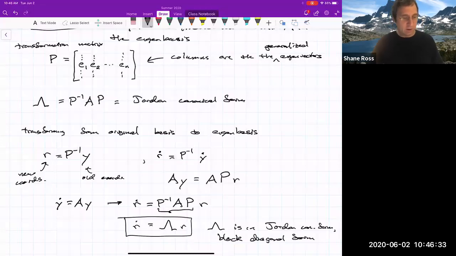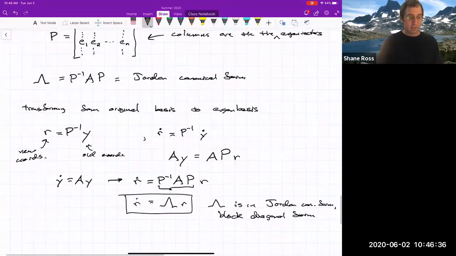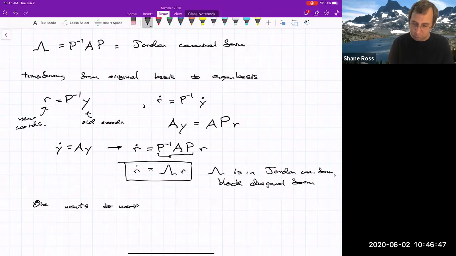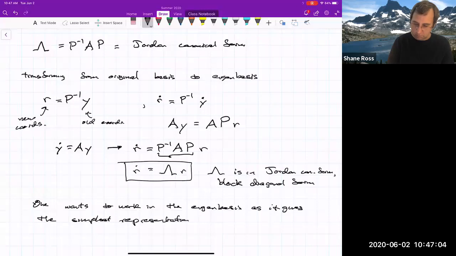So you always want to work in the eigenbasis, because it's the simplest representation of the dynamics.